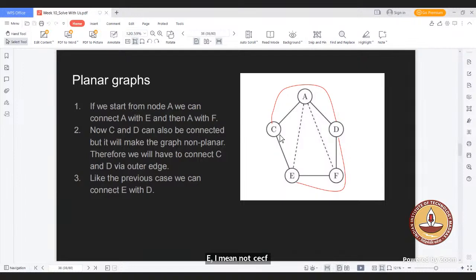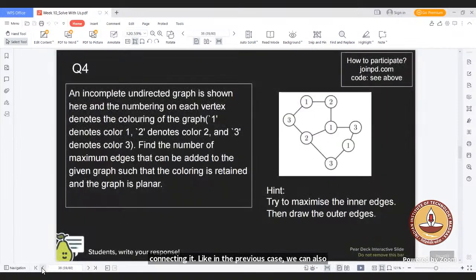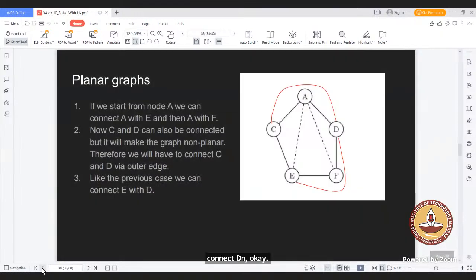Therefore we connect C and D via an outer edge. We are just taking the edge outside and then connecting it. Like in the previous case, we can also connect D and E. So yeah, maximum 4 is possible in this.